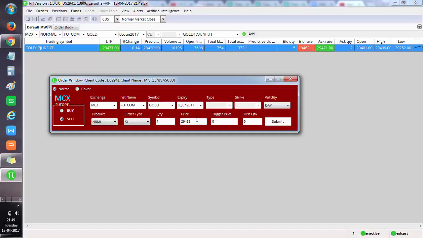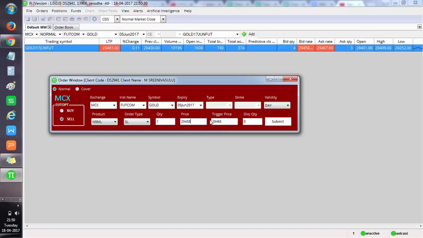So if I had to take this trade, I will select the trigger price as 29,465 and the price, maybe say I'll enter 29,458, 7 rupees below, for gold. Even here, selecting the range between price and trigger price is a bit tricky. I just put a value of 7 rupees.